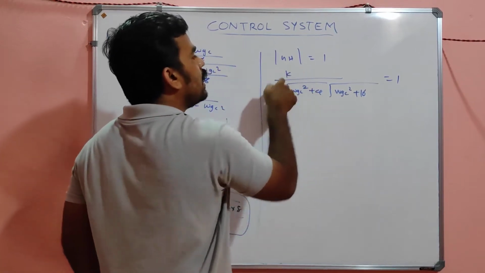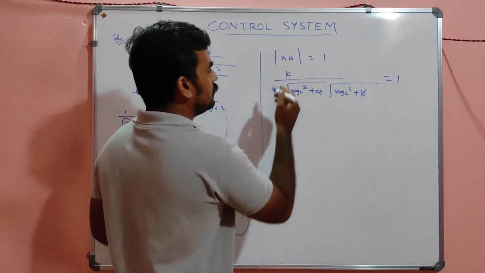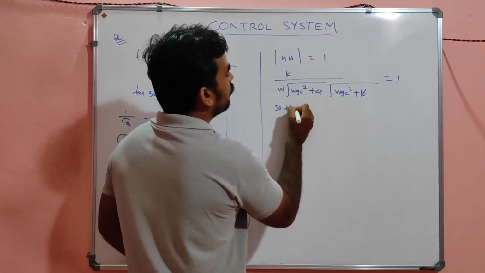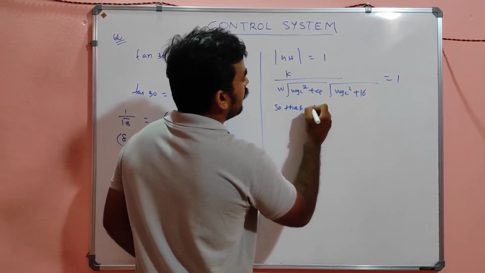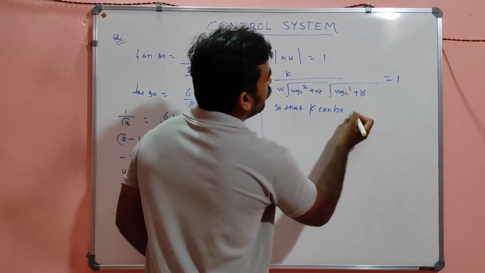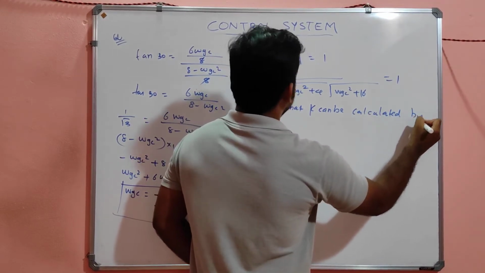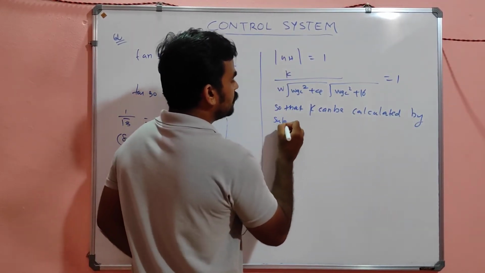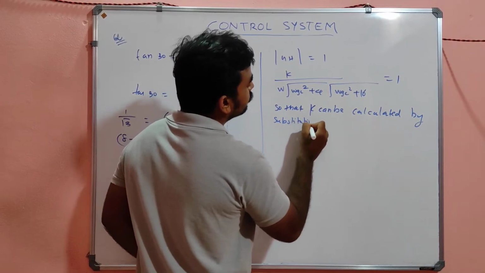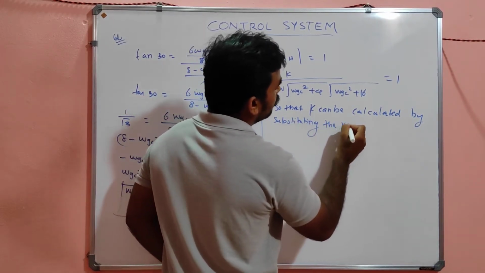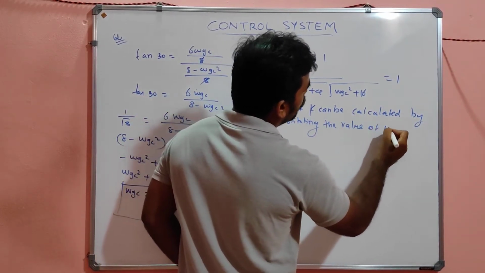So the only unknown here will be K. So K can be calculated by substituting the value of omega gc.